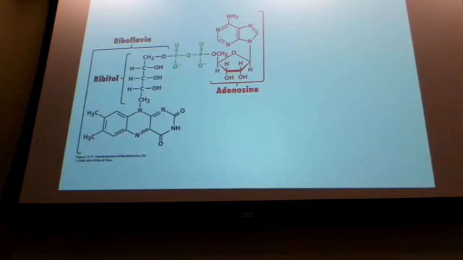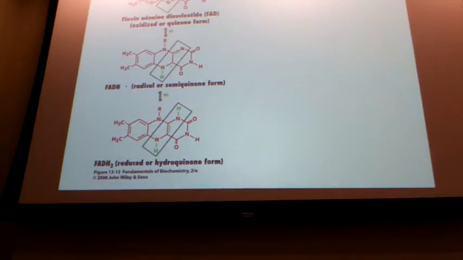And then FAD, again, something that starts off looking like ADP, and then I have this big riboflavin group attached to it. This is where interesting things can happen because I have this conjugated system down here where I can accept either one or two electrons. So I accept one, that radical is stabilized by resonance across all the rings here. So that's why I can take just one electron at a time.